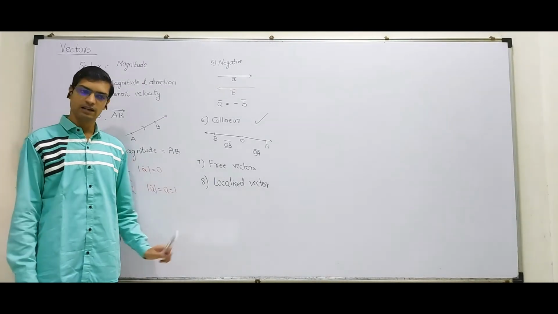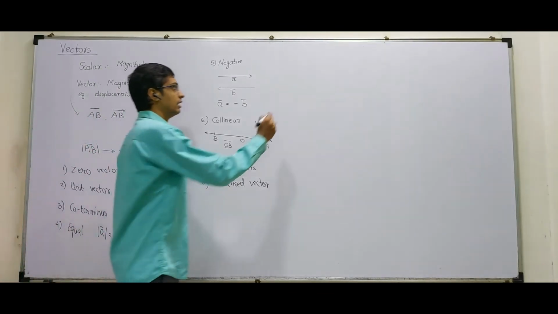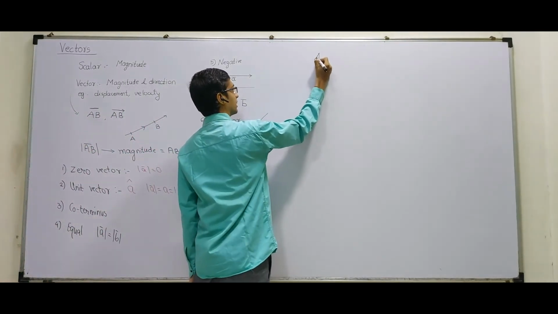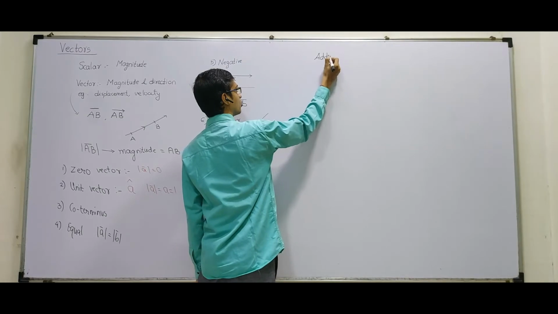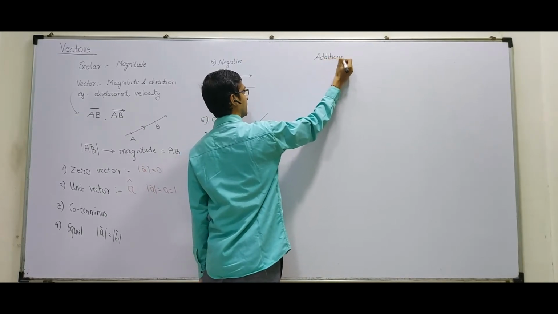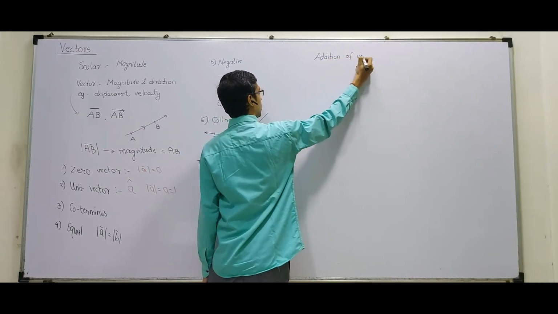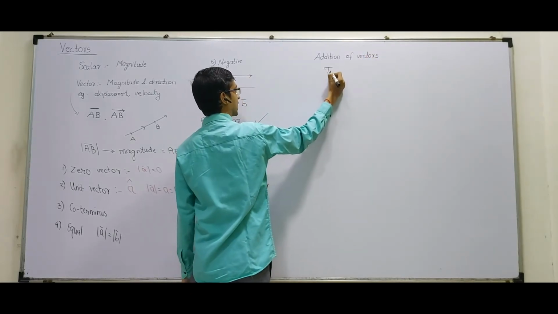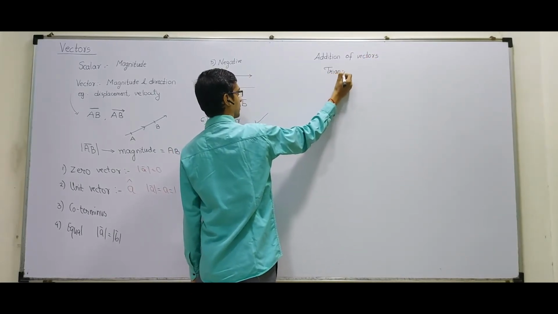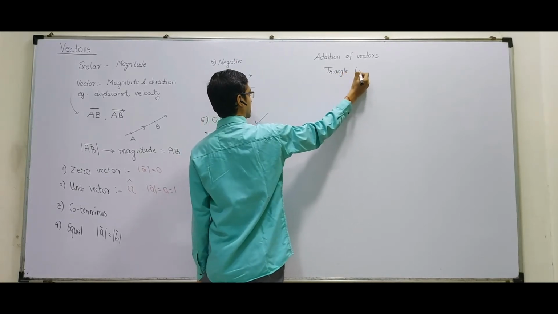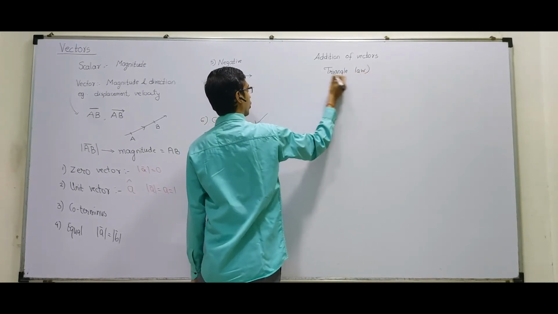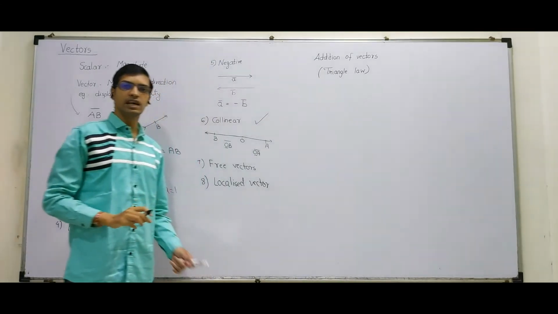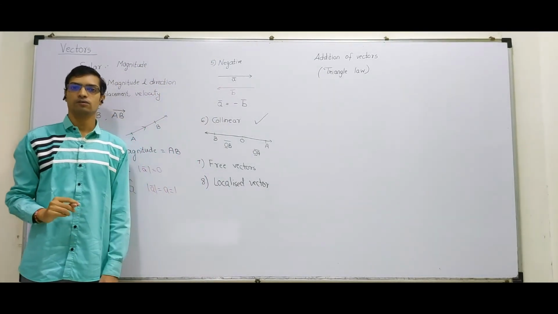Okay, clear? Now let us learn the next part, that is how to add two vectors. Addition of vectors. You all are familiar in physics with the law called the triangle law. If I am correct, you have studied the triangle law in the second chapter itself. The triangle law gives the addition of two vectors.